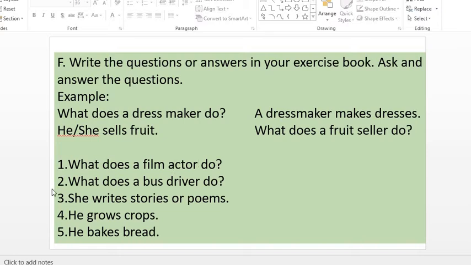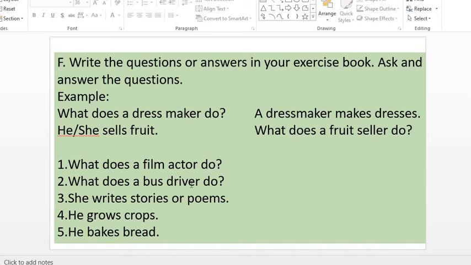Okay, now number 2. What does a bus driver do? A bus driver drives a bus. Driver. Who drives? The person who drives a car, a bus, a truck is a driver. Drive, D-R-I-V-E.